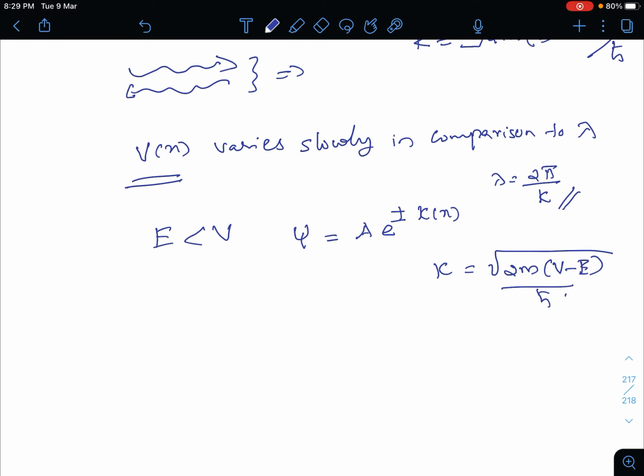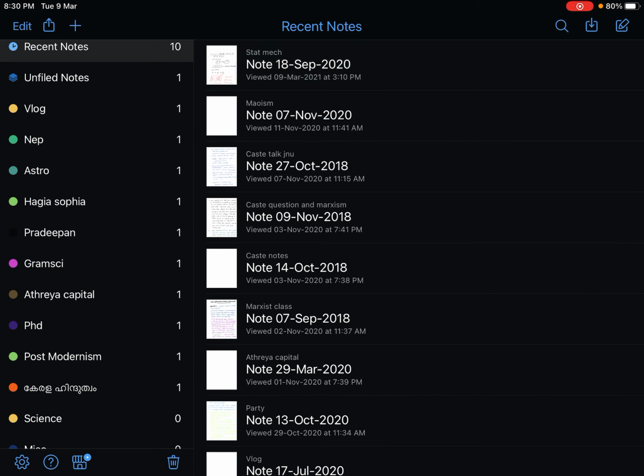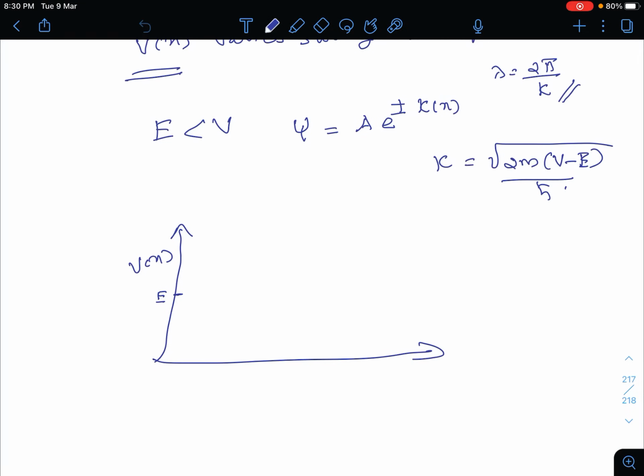Now consider a system here where the potential varies. You have an energy, let us say this is the energy of the particle, and suppose this is the shape of the potential.